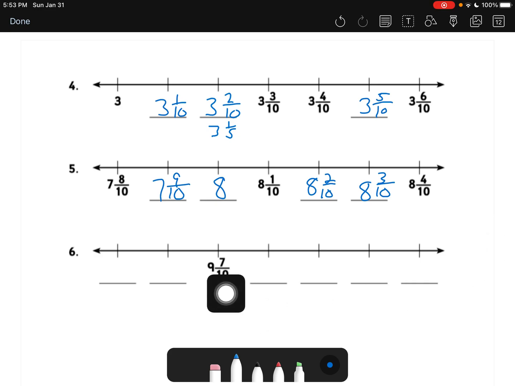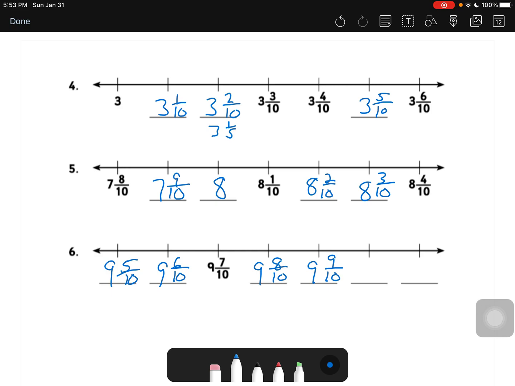Okay, here I've got 7/10, so I could count backwards to get these ones. 9 6/10 if I count backwards, and then backwards again, 9 5/10, and if I go forward from 7/10, I got 8/10, 9 9/10, and then I'm up to the next whole number, which is 10, and then up to 10 1/10.